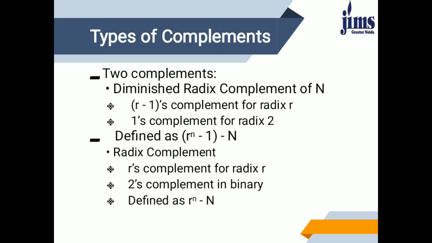So r raised to the power small n minus capital N. If you want to find the diminished radix complement, then 1 needs to be subtracted: r raised to the power n minus 1 minus capital N, where N is the number itself.